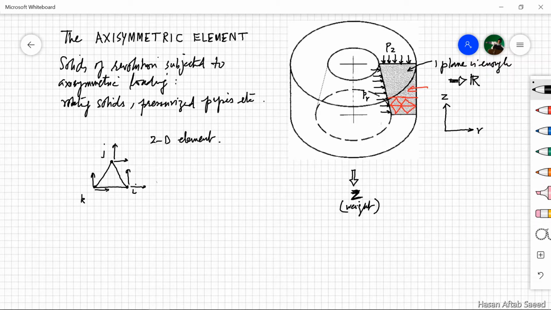And again, by convention, this is called uI, this is not vI but wI, because it is in the longitudinal direction, so we call it w. Similarly, uJ, wJ, uK, wK. And again, this is our r coordinate, and this is our z coordinate.